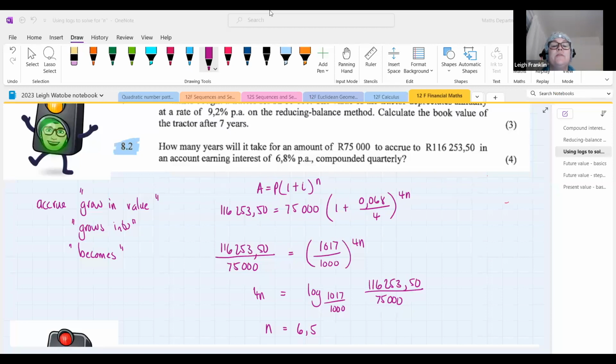Oh, there's the poll. I'll just show you where. So Caitlin, the 1,000 comes from, if you go on your calculator, 1 plus 0.068 over 4, your calculator will give you 1017 over 1,000 as an improper fraction.